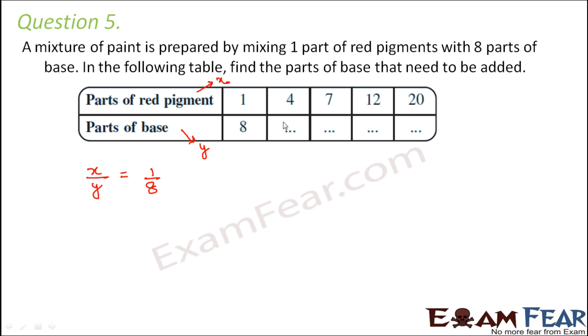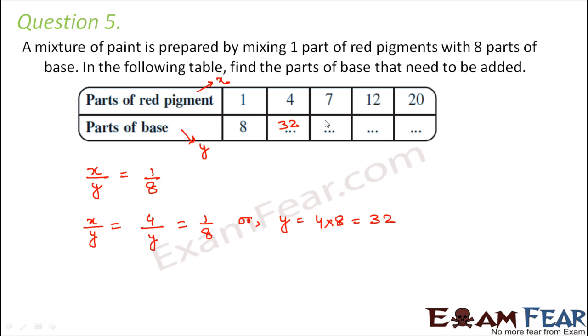So in the second set, x is 4, y is not known. So 4 divided by y should be equal to 1 by 8. Therefore, y is equal to 8 into 4, which is equal to 32. So this value would be 32.